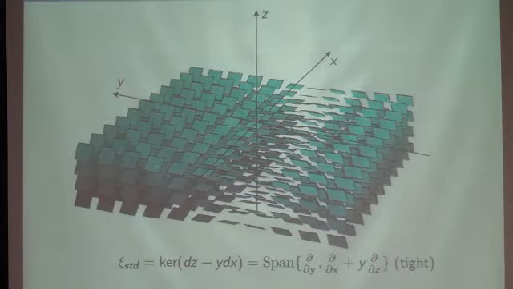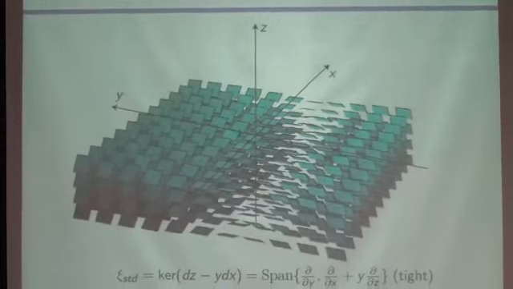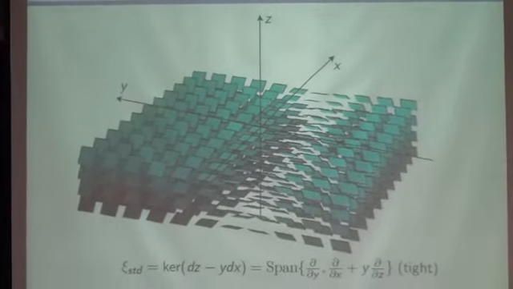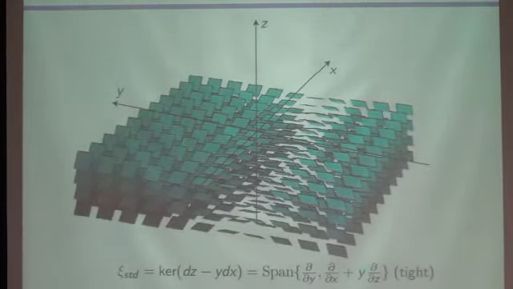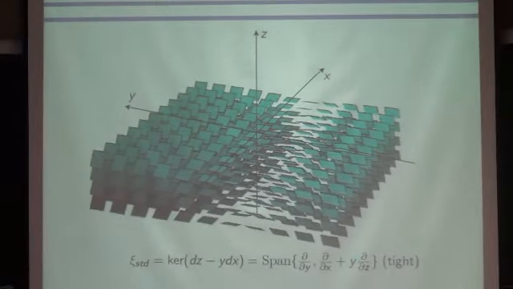So you see, along the x-axis, they're all parallel. And if you go up and down on the z-axis, they look exactly the same. As we go out here, it's turning this way, and as you go in the positive y direction, it turns this way, away from us. So this is an example of something that's tight.